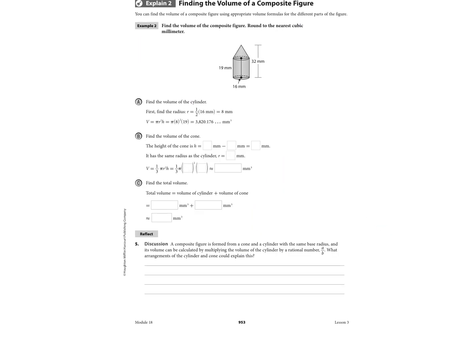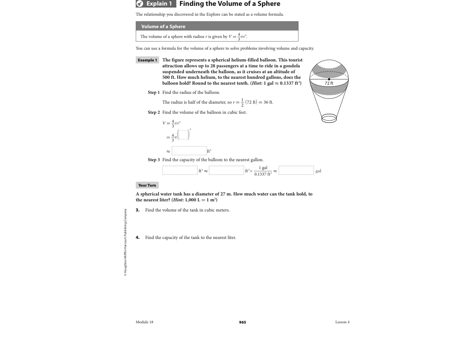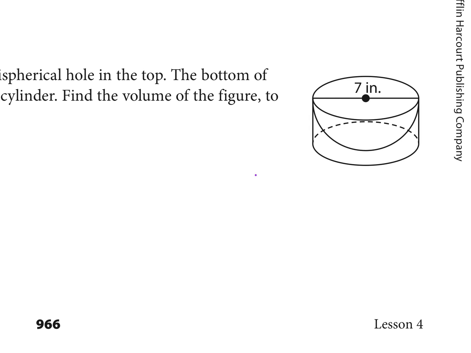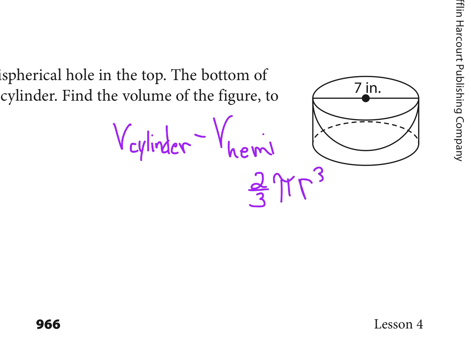And the sphere, we already talked about. Here it's 2/3. So this is the volume of the cylinder minus the volume of the hemisphere. The hemisphere is going to be 2/3 pi r cubed because it's only half. And the cylinder is area of the base times height.